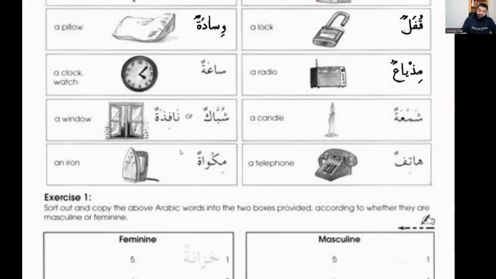Good. And it means radio. I don't know if they still exist, but midya'un, radio. Okay. Next one. Sa'atun. Good. Feminine. Sa'atun is time. I'm sure you must have heard that. If you're out and about, you say, what's the time? Okay. Next one.